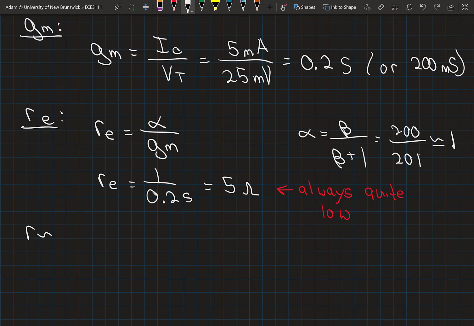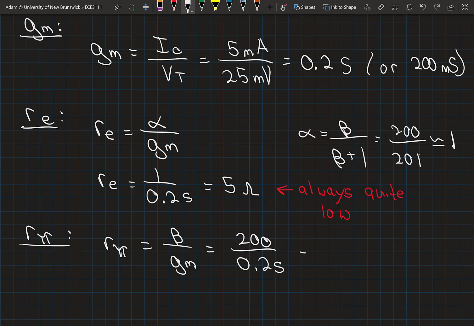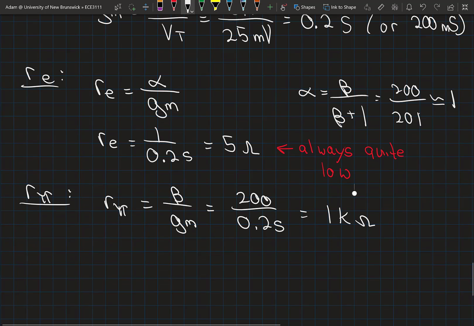Okay, finally we can calculate our R pi, knowing that R pi is simply equal to beta over our transconductance parameter, which is 200 over 0.2, so R pi is equal to 1 kilo ohm.